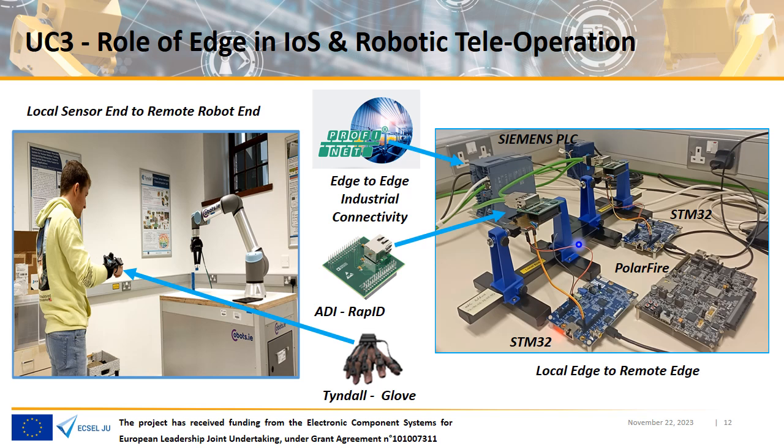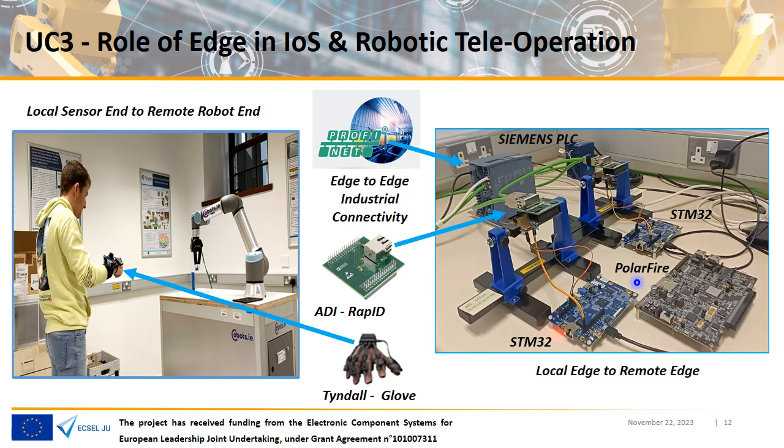And what you see here are the edge components. We've got the STM32s, we have the PolarFire, we've got the Siemens PLC, and all of these are set up in the lab at Tyndall, but you can think of them as being distributed at a distance.